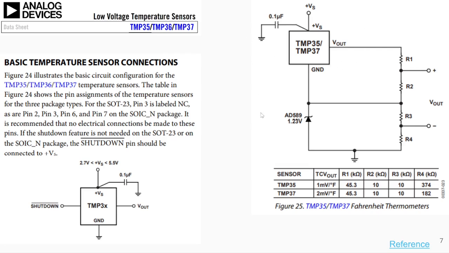And this particular circuit is for when you want the output voltage to represent temperature in Fahrenheit, like a Fahrenheit thermometer. It simply uses scaling resistors, and also a Zener diode, in order to get the voltage which will give you the temperature in Fahrenheit. The values of the resistors are also given to you.